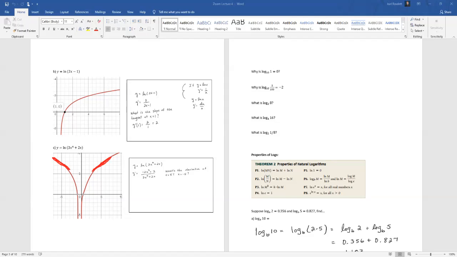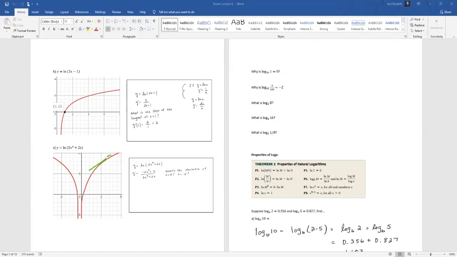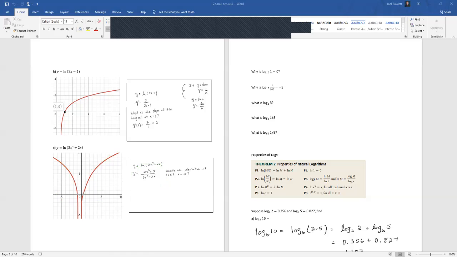If you would like to know the slope of this tangent line here at 5 and the slope of this tangent line here at -5, all you have to do is take those x values and plug each of them into this equation, and that would give you the slope of those tangent lines. I'll let you investigate that on your own.